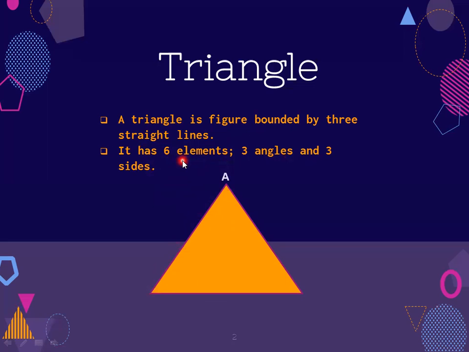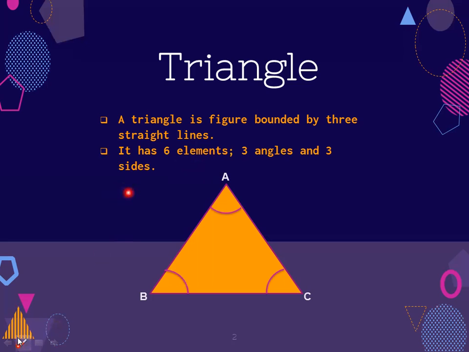Number one, three angles: A, B and C. This is angle A, this is angle B, and this is angle C. So in every triangle there are only three angles, not more than three and not less than three. Any triangle must have three angles as well as three sides.